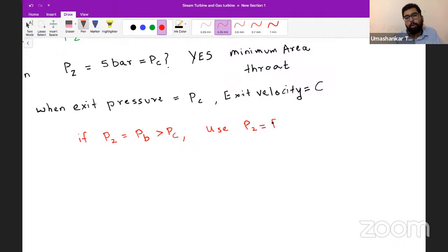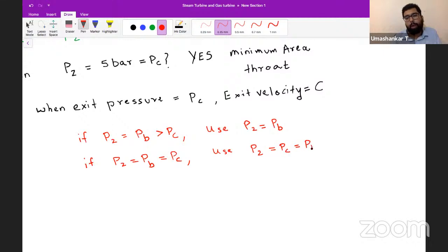We don't have to use the value of PC. Now at the critical point, P2 becomes equal to PB, the back pressure, and both are equal to PC. So we can use P2 equal to PC, or PB. All are the same.